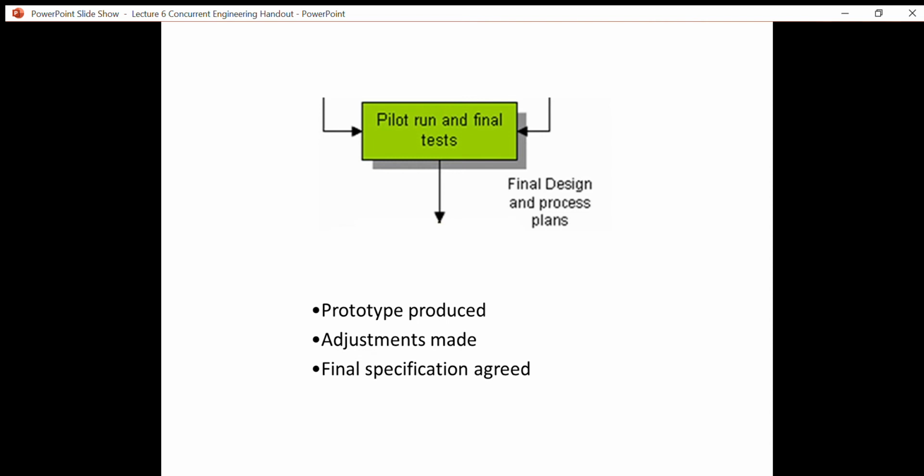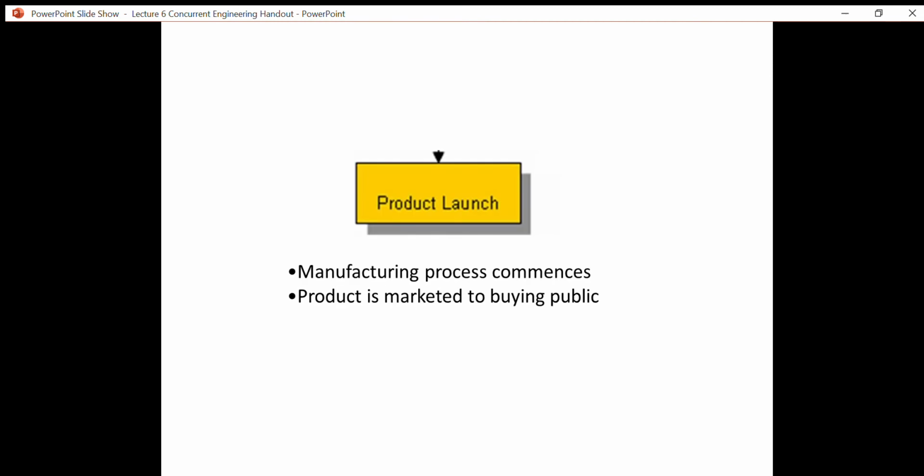After they produce the prototype, they do evaluation and analysis on it, and then they finalize the specification and design. At this time they do a pilot run to get the final test result. After they agree on all the specification and design, they do a product launch and then mass production.